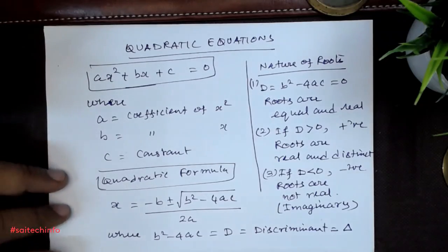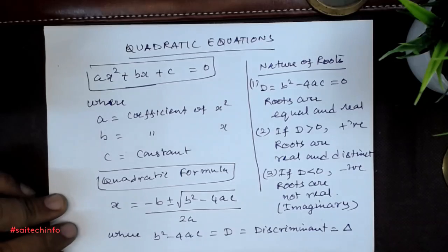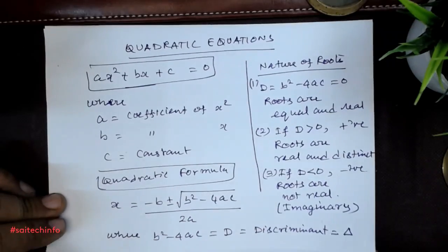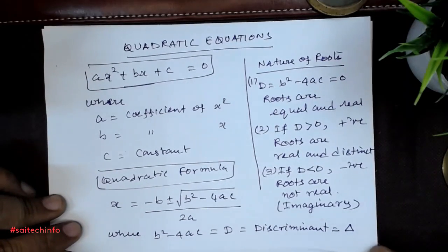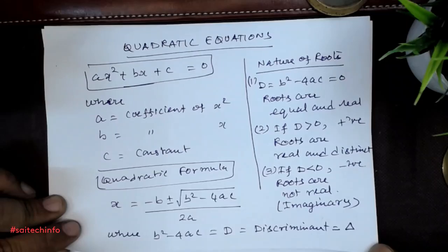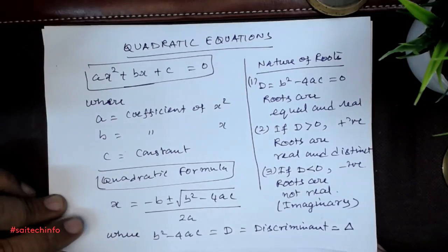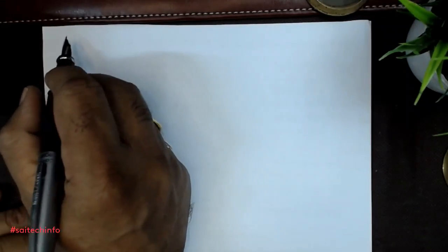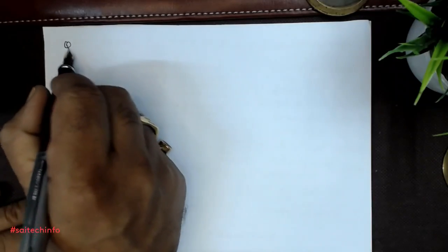Now let us see some problems based on the discriminant. We can find out whether the given quadratic equations have what type of roots, that is, the nature of roots. Take down the problem. You can write it in the question bank.